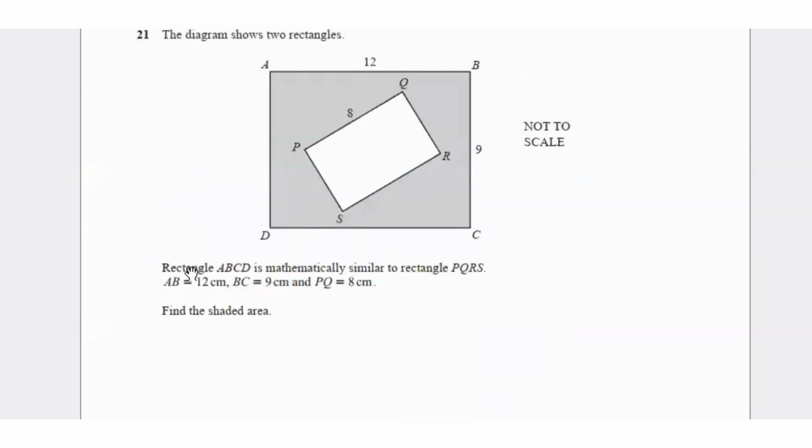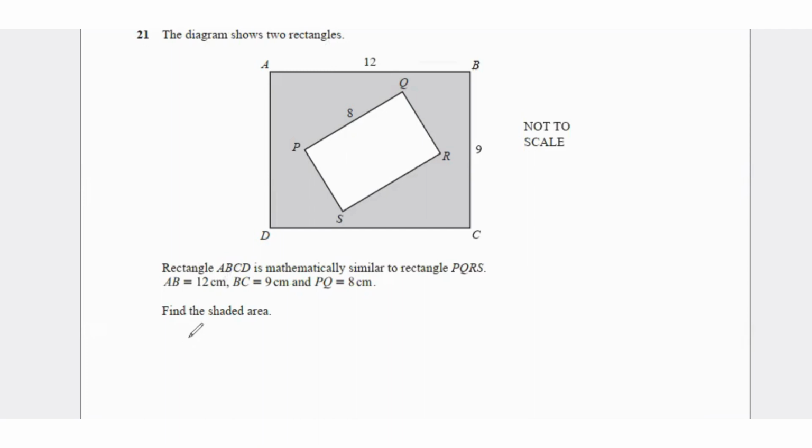Question 21 says the rectangle ABCD is mathematically similar to rectangle PQRS. AB is 12, BC is 9, PQ is 8. Find the shaded area. So if they're similar, what we'll do is use the similarity ratio for areas.